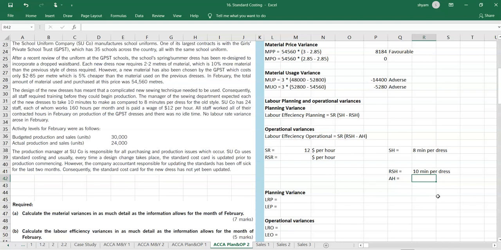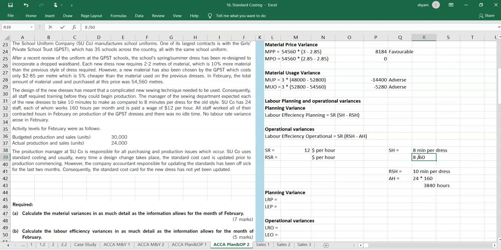So there are 24 staff working 160 hours. That means they are working a total of 3,840 hours. Okay, so what is the total number of standard hours that should have been? Standard hours should have been 8 minutes.